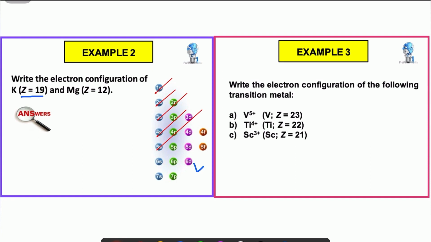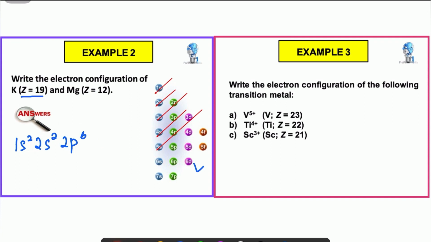you will fill the orbital 1s first, 1s2, 2 electrons, and then 2s2, and then followed by 2p. The maximum electron that can occupy orbital 2p is 6. So now you see that there are 2, 2, 6, so 10 electrons.